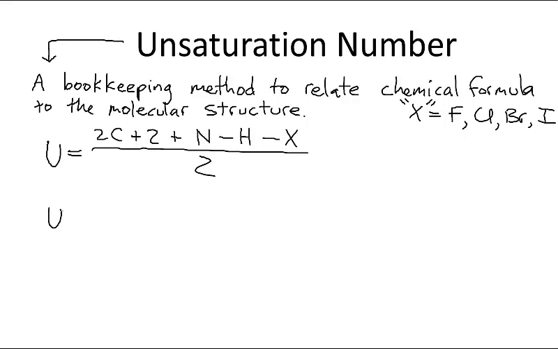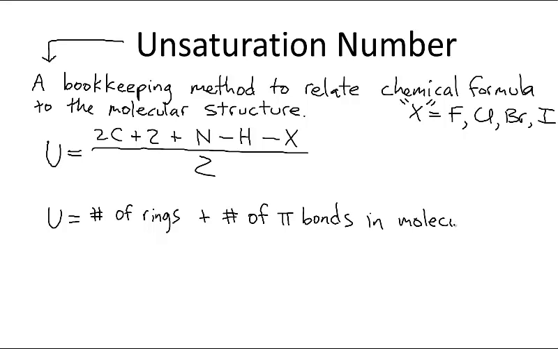Now, in terms of the structure, U tells us how many rings and/or pi bonds there are on a molecule. And pi bonds you'll learn more about in Module 5 if you haven't gotten there yet.